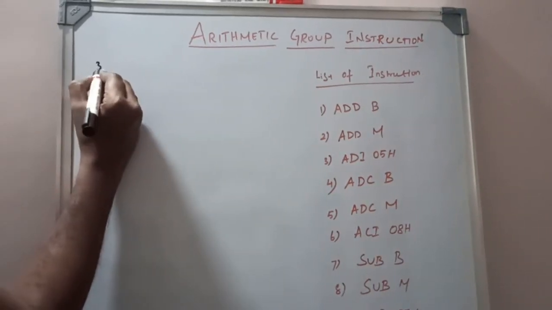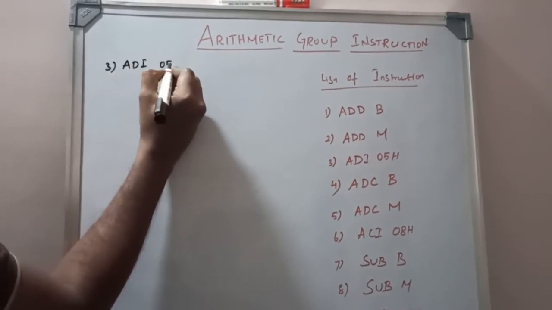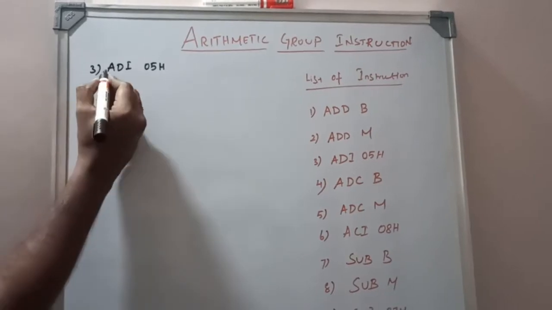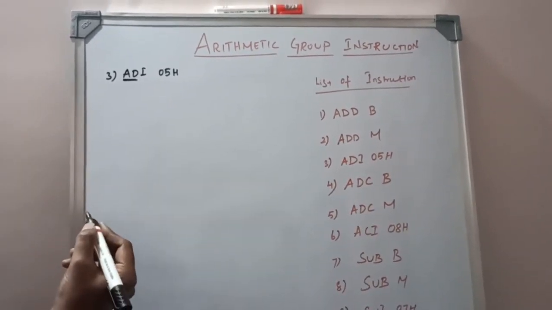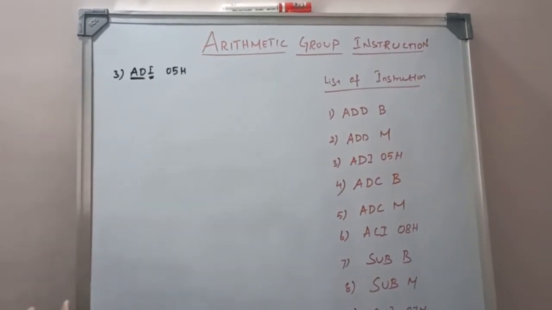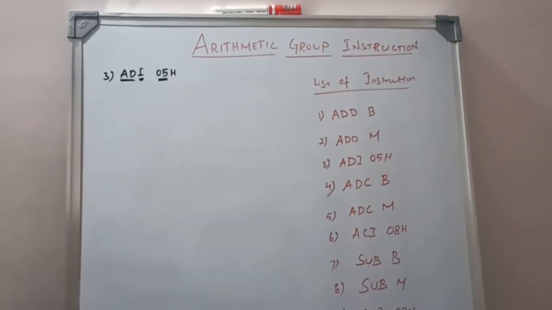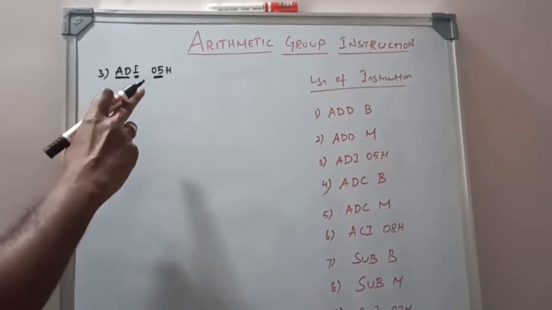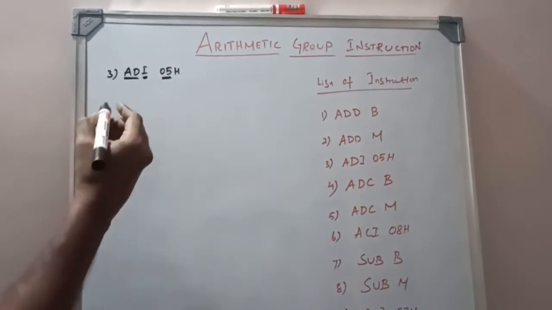Next instruction, ADI 05H. In this instruction, AD represents the arithmetic addition function, and I represents immediate data passed in the instruction itself. The 05H is the immediate data. We add the accumulator content plus the immediate data 05H.